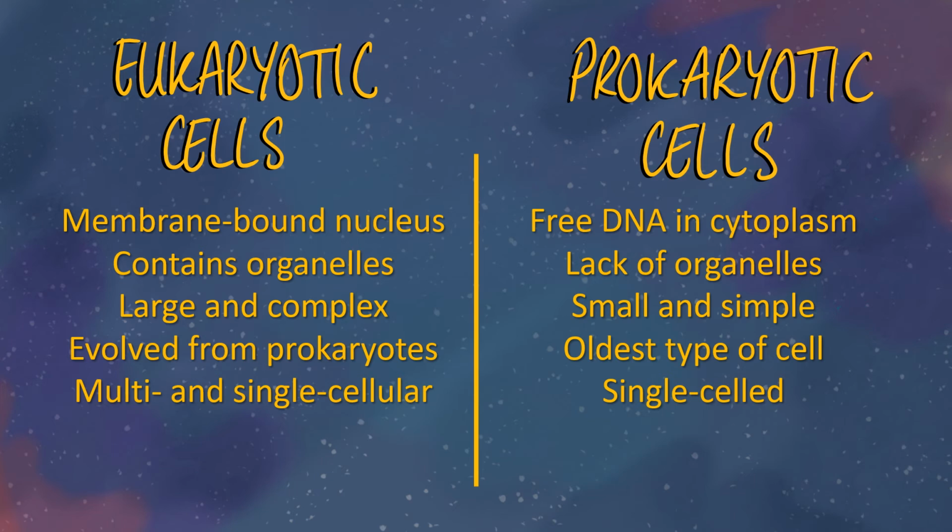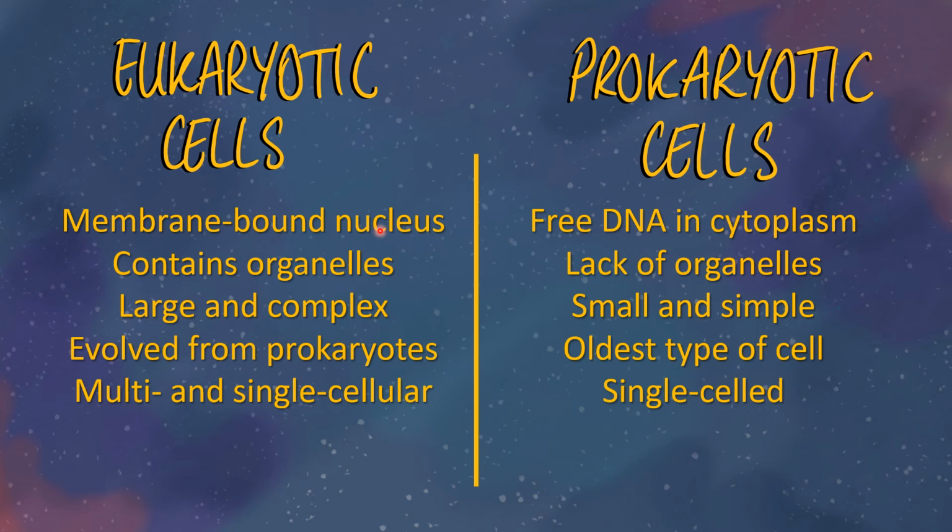Okay, comparing eukaryotic and prokaryotic cells. So there are 2 different types of cells. Eukaryotic, the main thing is that eukaryotic cells have a membrane-bound nucleus. So remembering the 3 types of cells we just drew, which ones have a membrane-bound nucleus? And the answer to that is plant cells and animal cells.